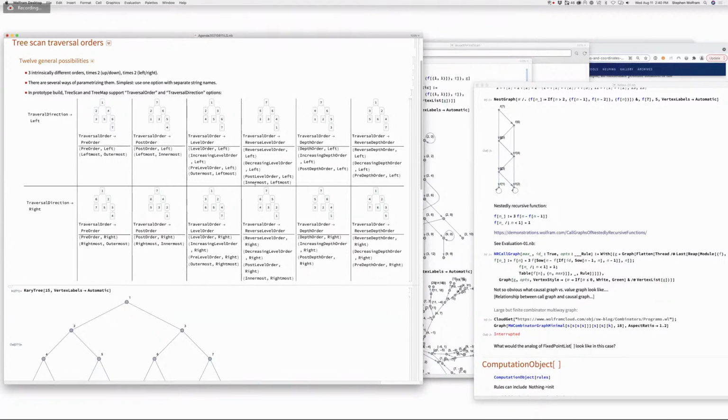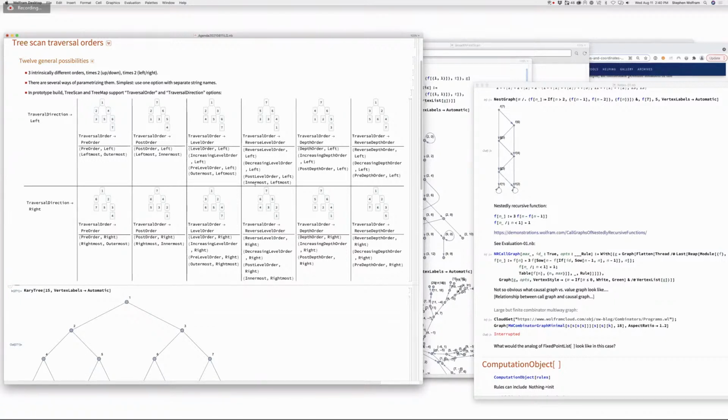Okay, so let's say we had a traversal order and we also applied that to map. These examples here, the numbers are showing the order in which the nodes are visited. It's always the same tree, but the numbers you see are different. So you're proposing traversal direction and traversal order. Is that correct? Not really.